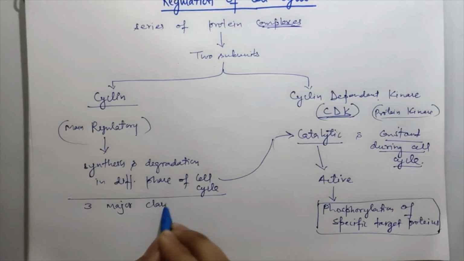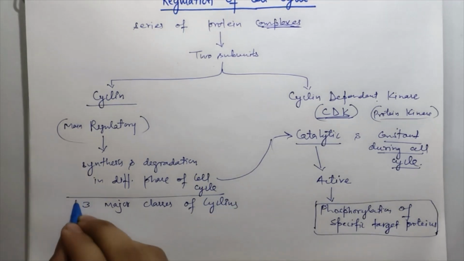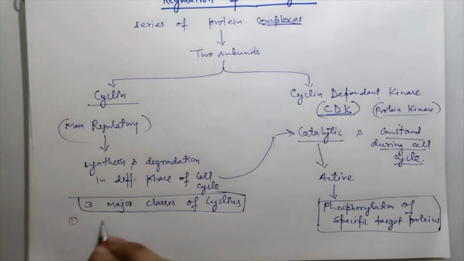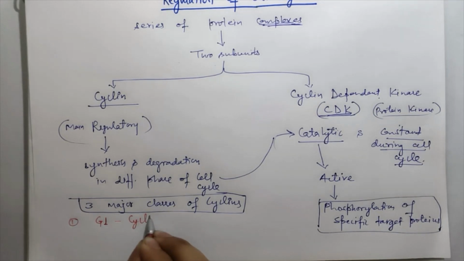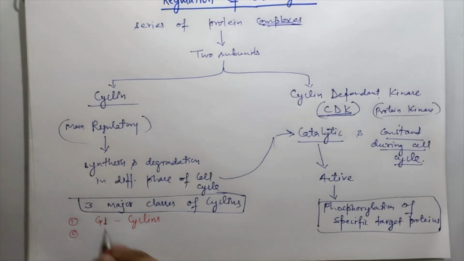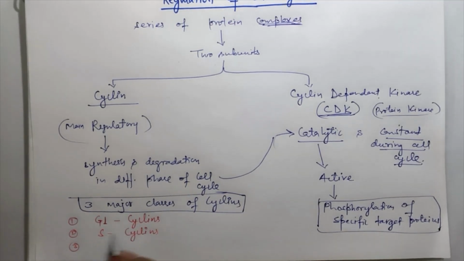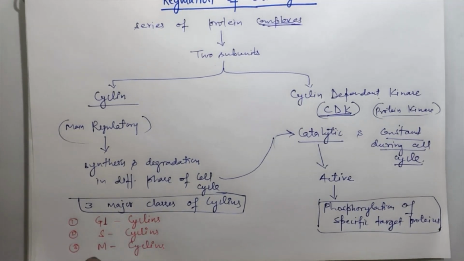The cyclins which regulate G1 phase of interphase are collectively called G1 cyclins, the second one is S phase regulating cyclins, the S cyclins, and the third one is mitotic phase regulating cyclins, and they are also called M cyclins.